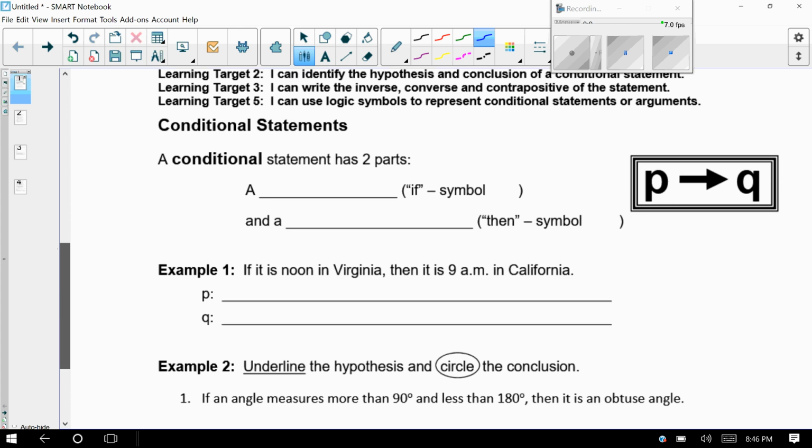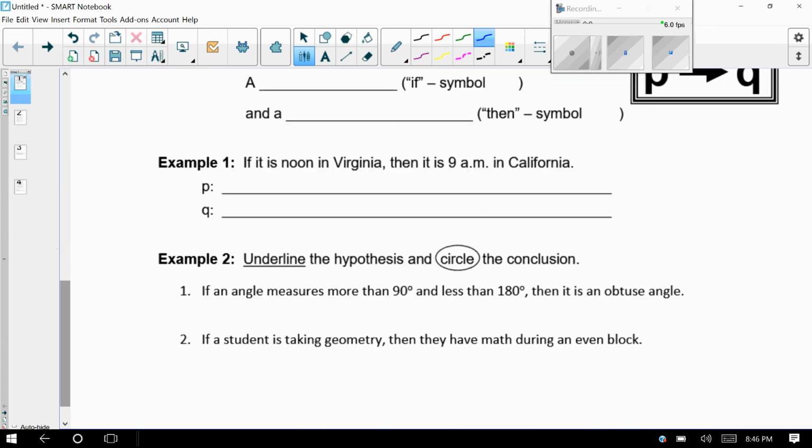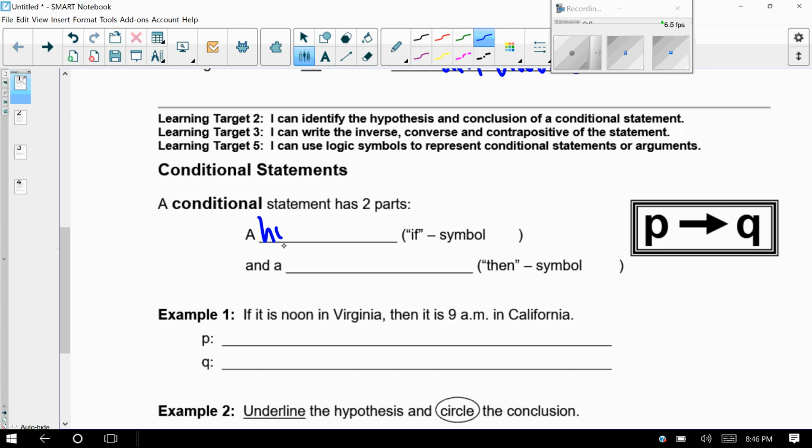So we're going to go over the basics of conditional statements. A conditional statement has two parts. We have a hypothesis, which is after the if. Not including the if, but after the if is my hypothesis.